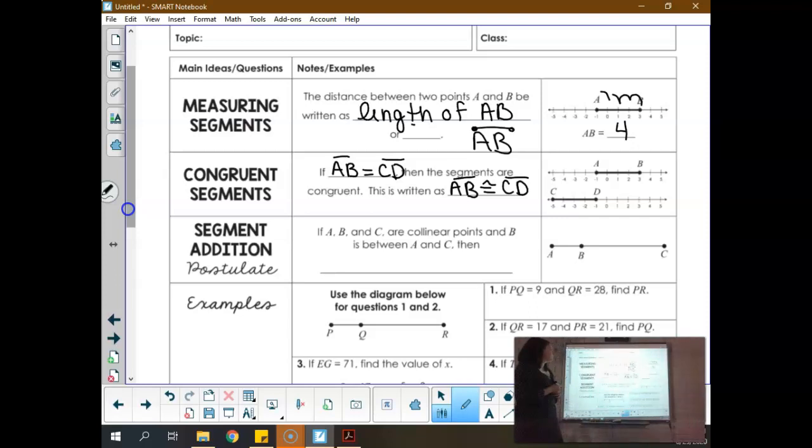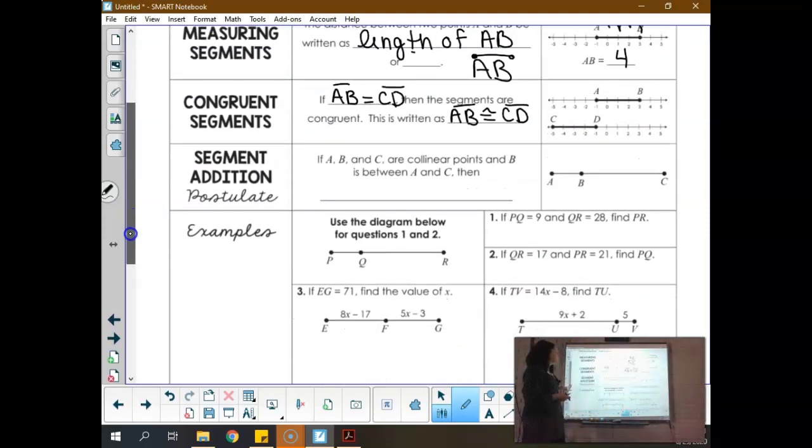Now, obviously, equals and congruence is kind of a new definition. We've dealt with equals all through algebra, but congruence means same shape, same length, same everything. Equal means 4 equals 4. Congruent is talking about shapes, angles, side lengths, all of that fun stuff.